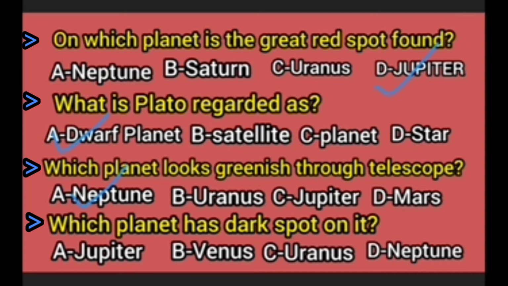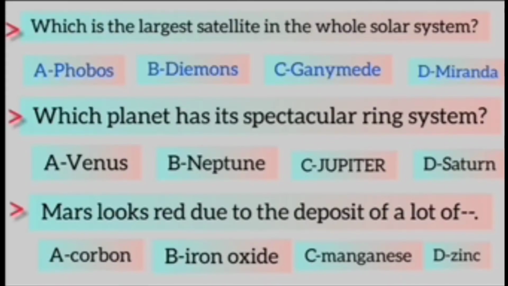Which planet has a dark spot on it? A. Jupiter, B. Venus, C. Uranus, D. Neptune. Answer D. Neptune. Next. Which is the largest satellite in the whole solar system?